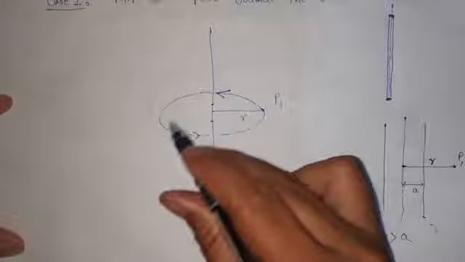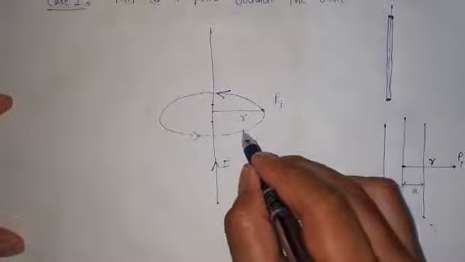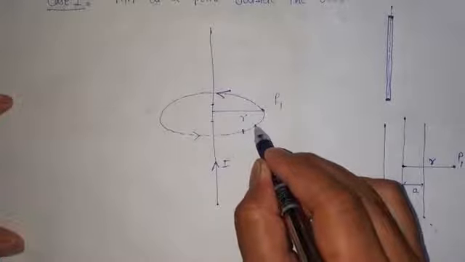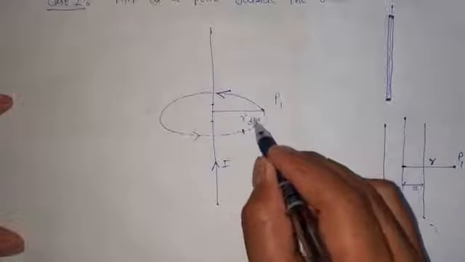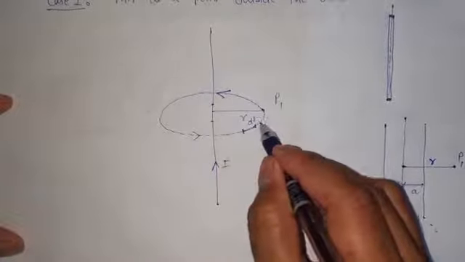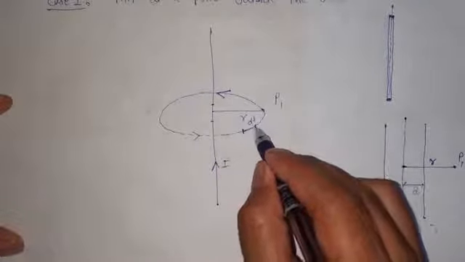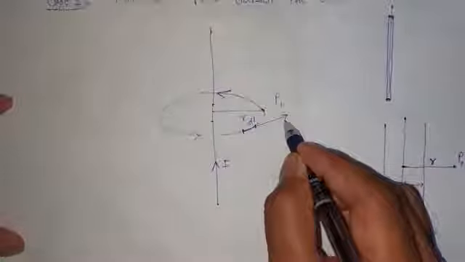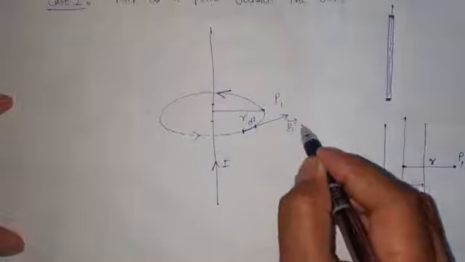On this circular loop we consider a small elemental length dl, and its direction is the same as the loop direction. The tangent to it gives us the direction of the magnetic field.